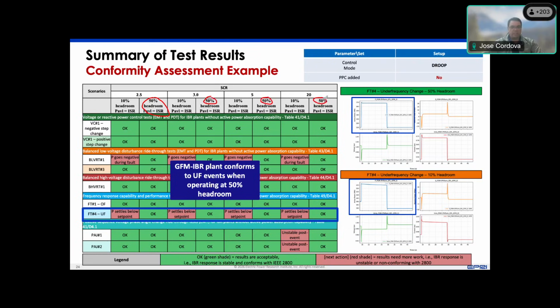However, we do see that at least for the frequency events, the active power is not able to recover post event, implying that at least for that headroom selected, it does not conform. And you can see the graphs here on the right, where the active power is actually below the pre-disturbance level. If you click next.